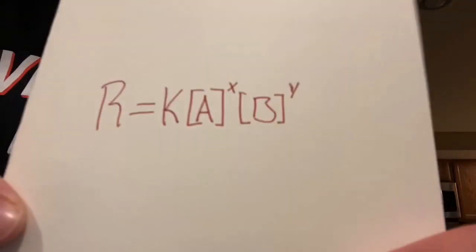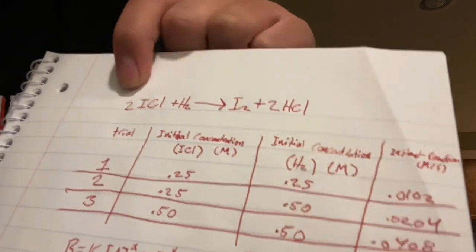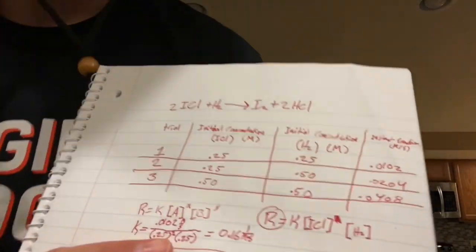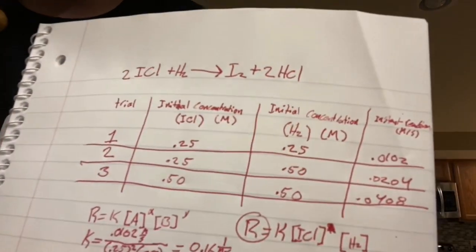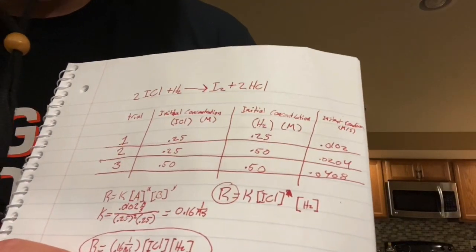And in some of the problems that you'll do, the reaction rate orders will seem similar to the stoichiometric coefficients. Some of them will be the same, but you should never trust that.